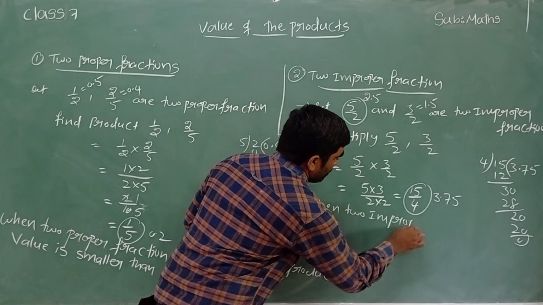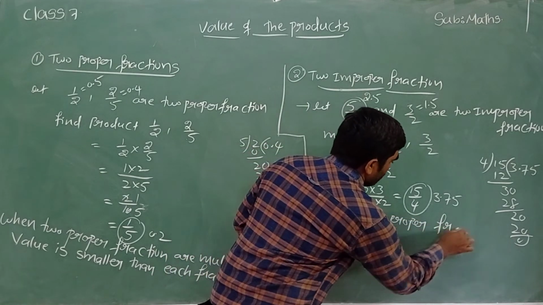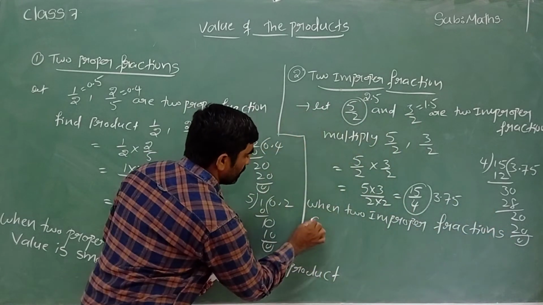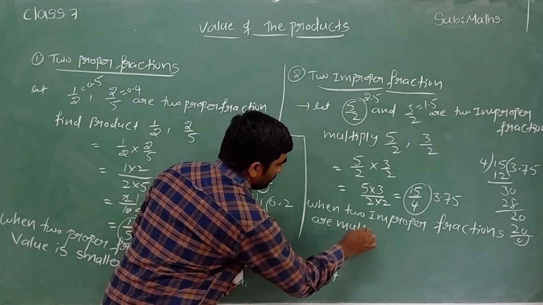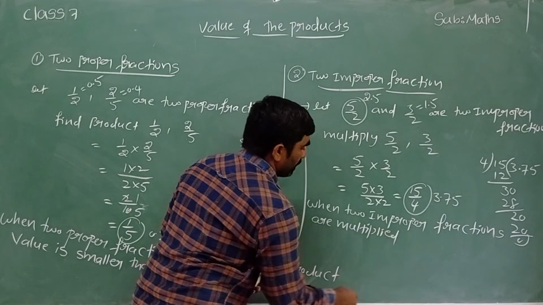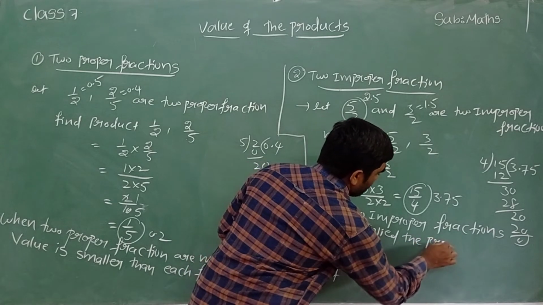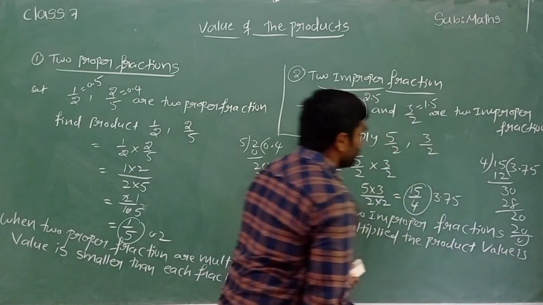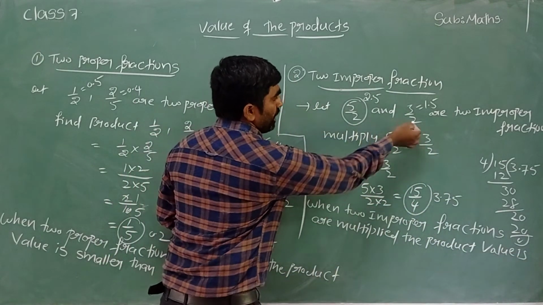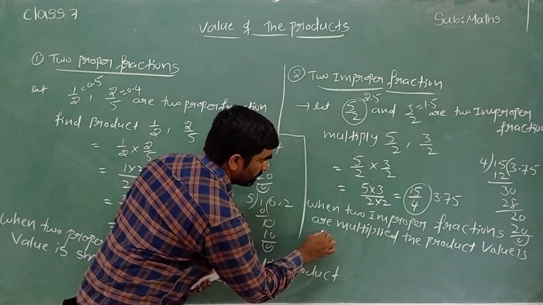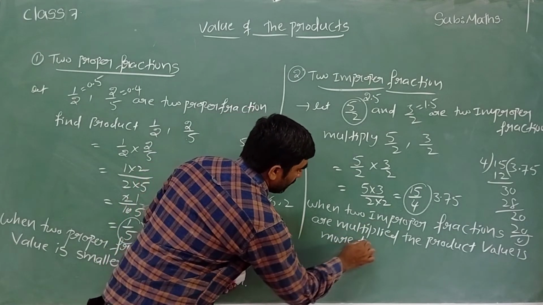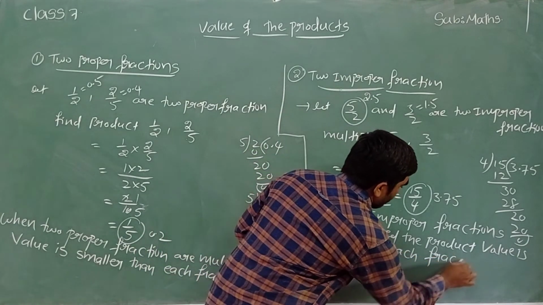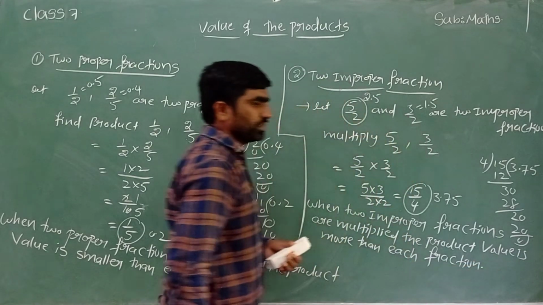When two improper fractions are multiplied, the product value is more than each fraction.